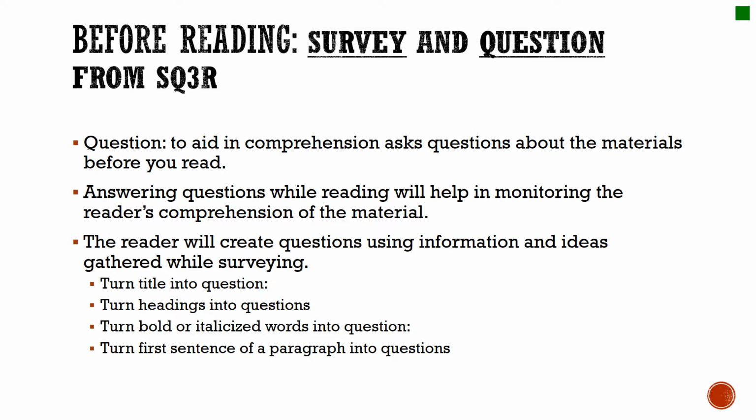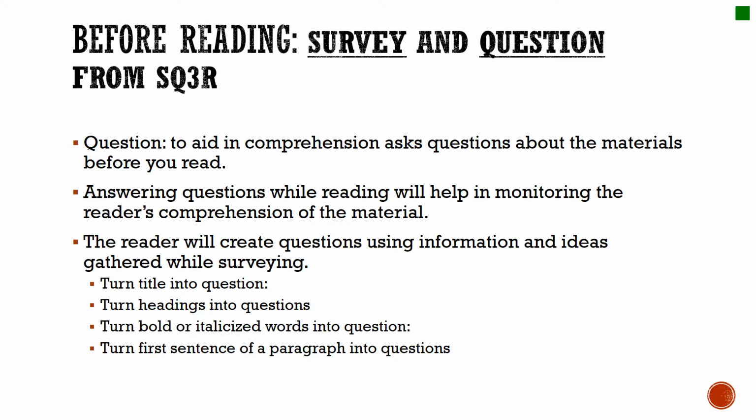When you are done surveying, you create questions based upon the information that you gathered while surveying. To aid in comprehension, ask questions about the materials before you read it. Answering questions while reading will help in monitoring your understanding of what you have just read. So during the question part, you create questions based on the information that you gathered while surveying.